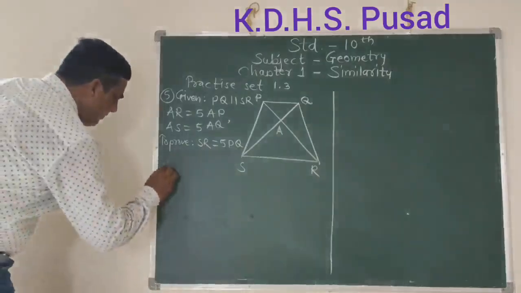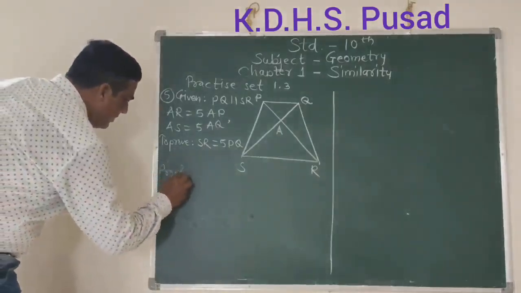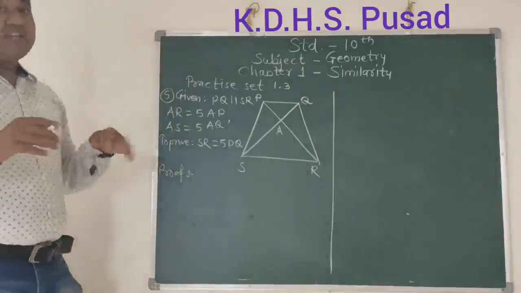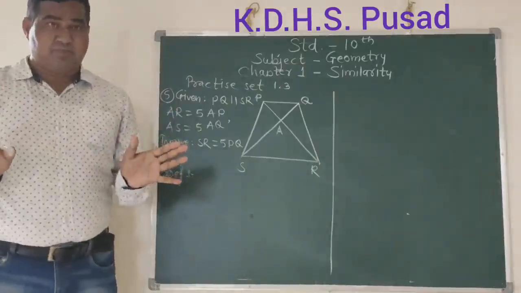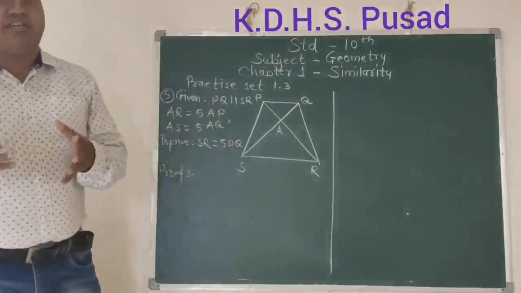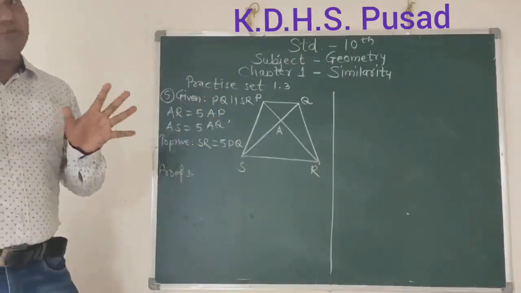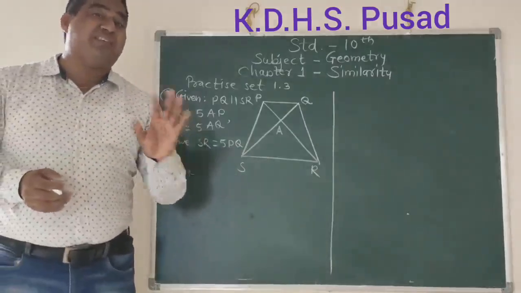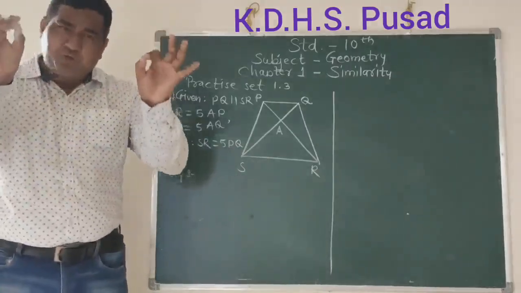Let's start the proof. Now this proof you can do by different methods, but as we already studied three tests, according to me, when values of all the three sides are given to you, you can use SSS test. When the value of any two sides is given, you can use SAS test. And when nothing is given, use AA test.